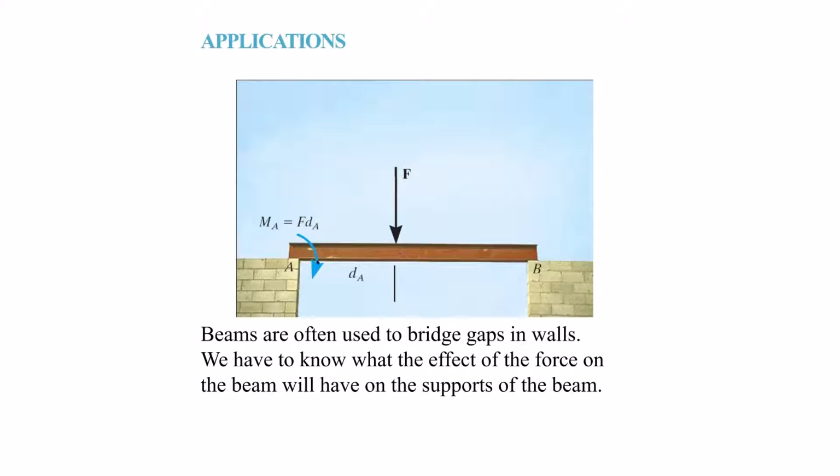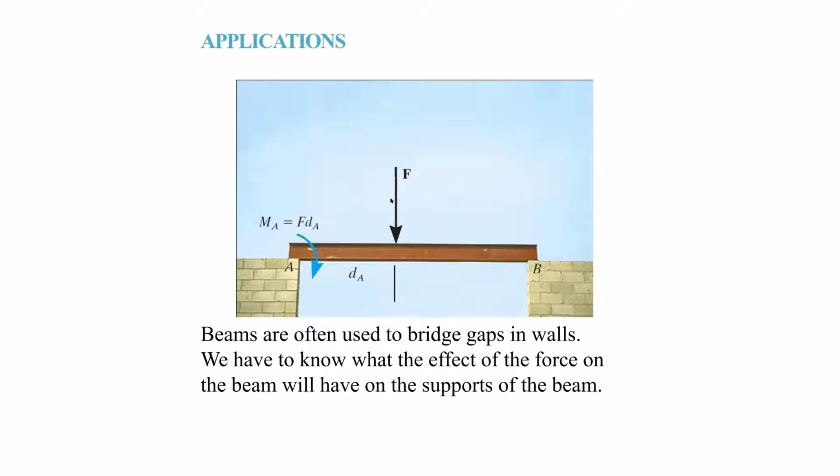Like in this case, it's acting straight down. So we would measure a distance from A all the way over to F. The moment due to this force pushing down is just the distance from here to here. We're looking at the two-dimensional case right now, with the force acting at 90 degrees to the length of the beam.